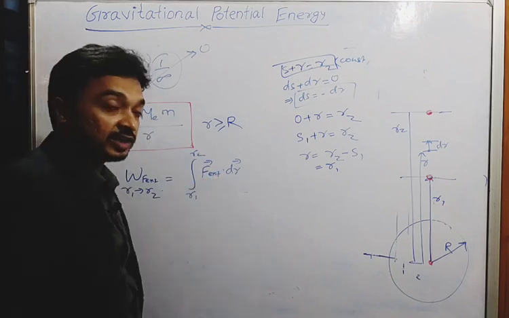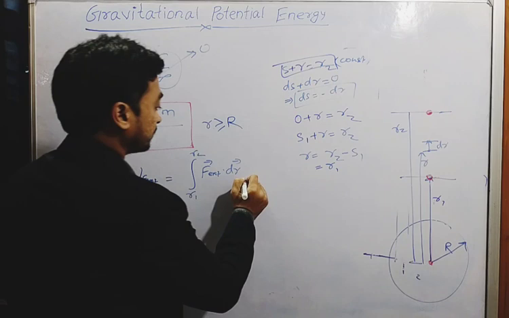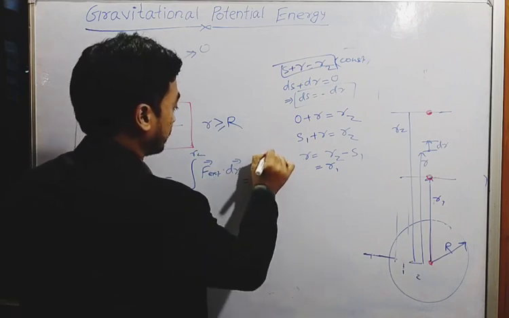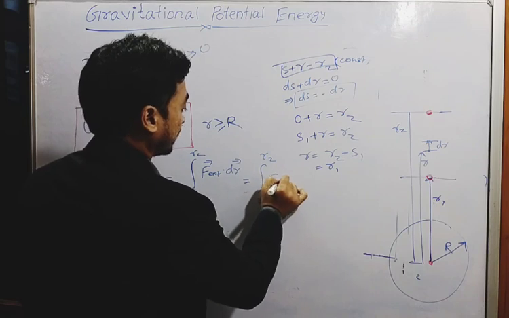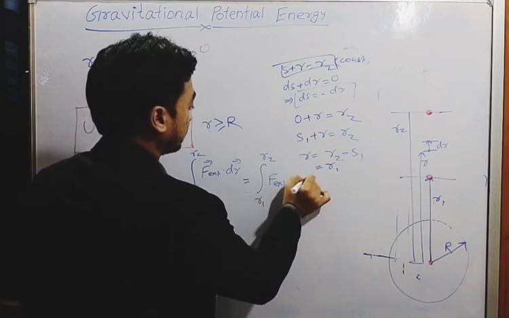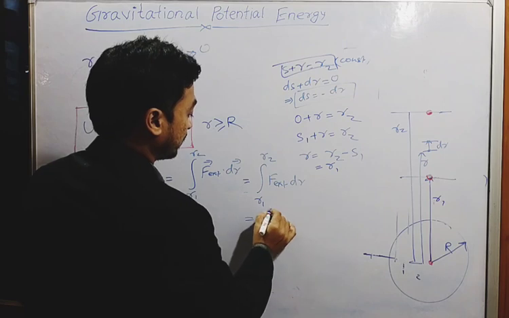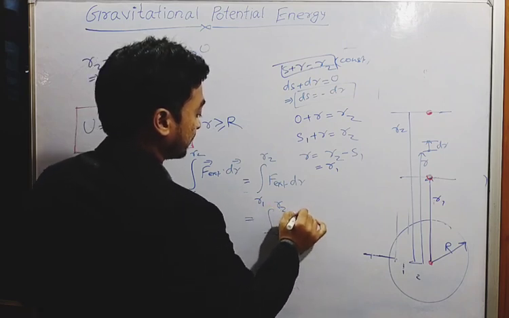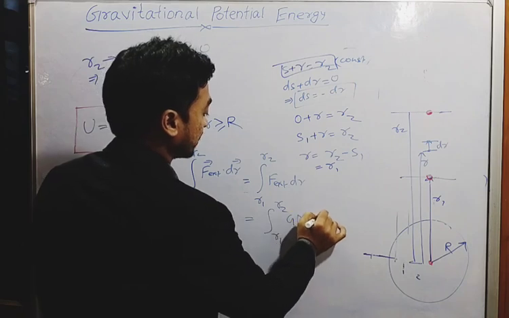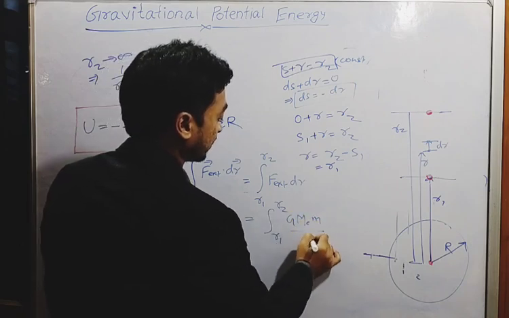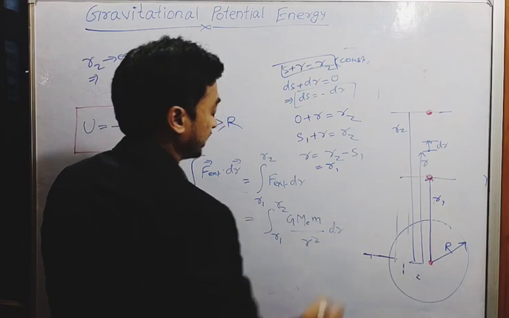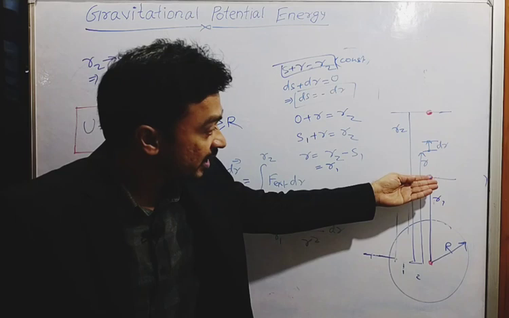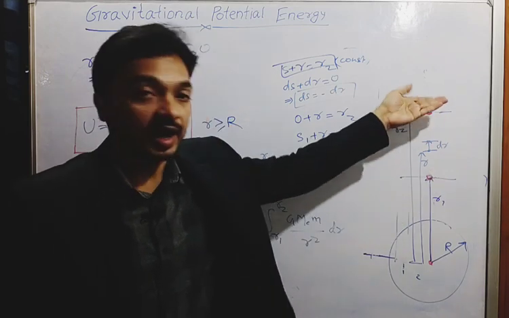This has an angle 0 degree, so this is nothing but integral R1 to R2 of magnitude of external force into dr, which is equal to integral R1 to R2 of G mass of earth, mass of object, by R square dr.